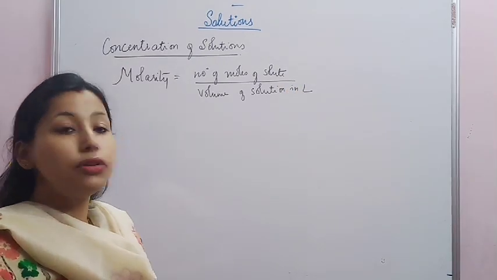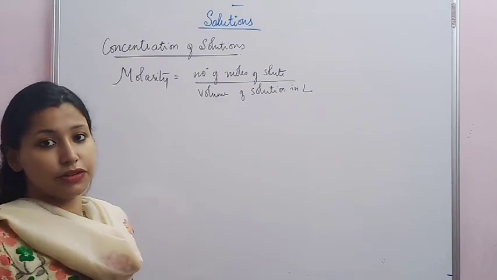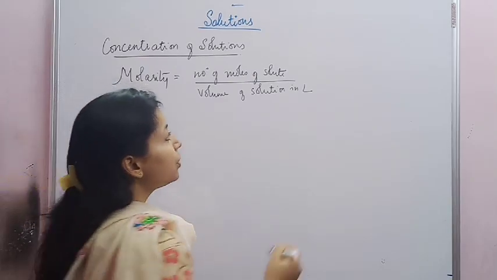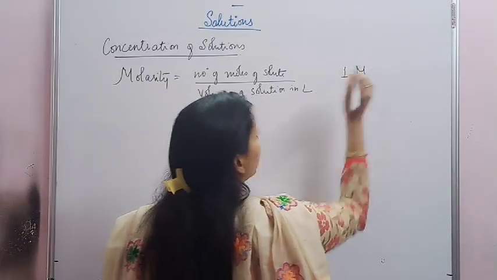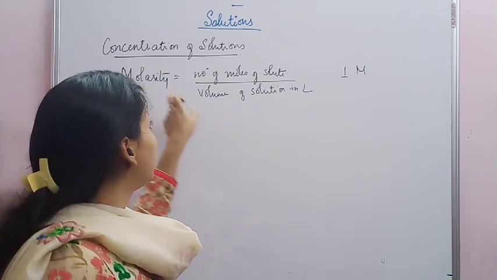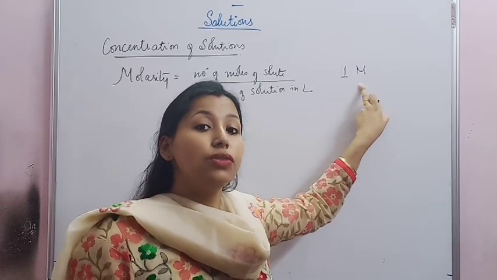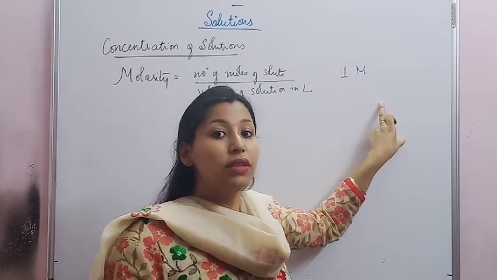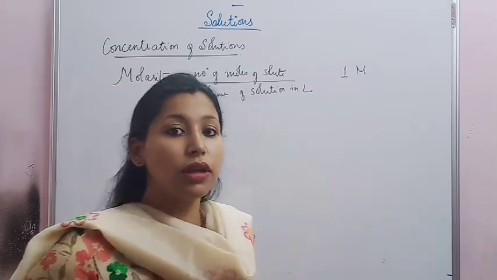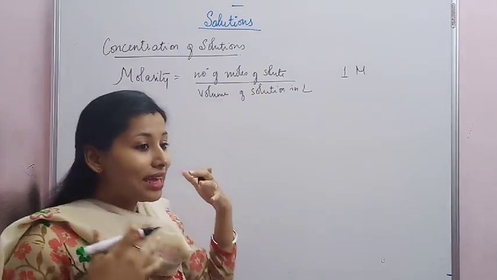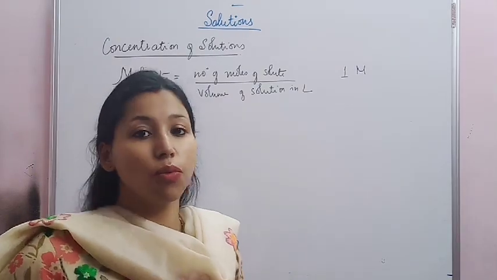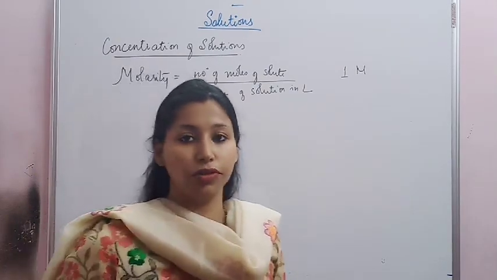That means if we talk about 1 molar solution, because I hope you remember molarity is given by capital letter M, when we talk about 1 molar solution, that means 1 mole of your solute is dissolved and the solution is made up to 1 liter.